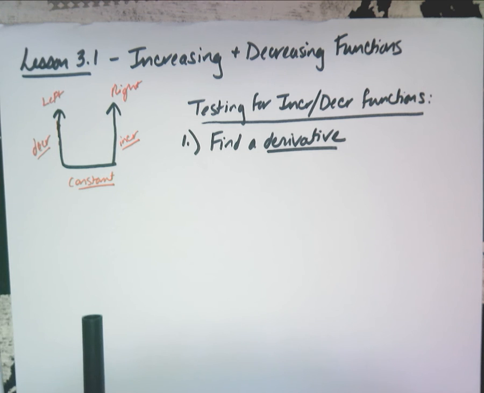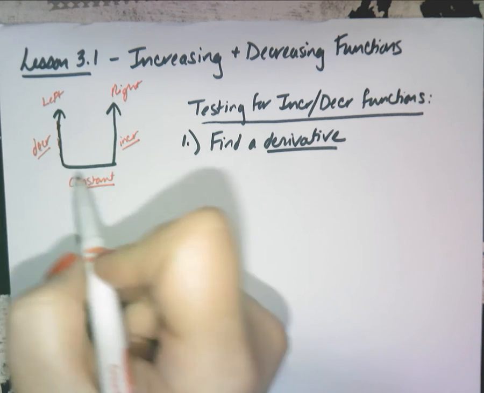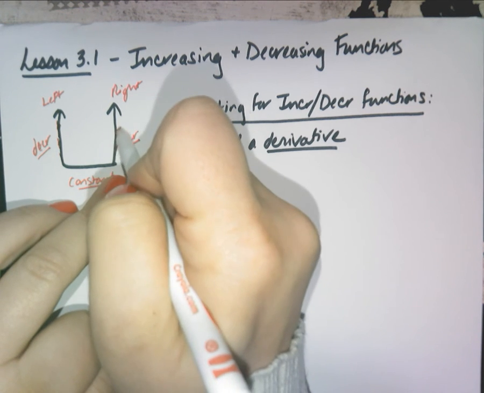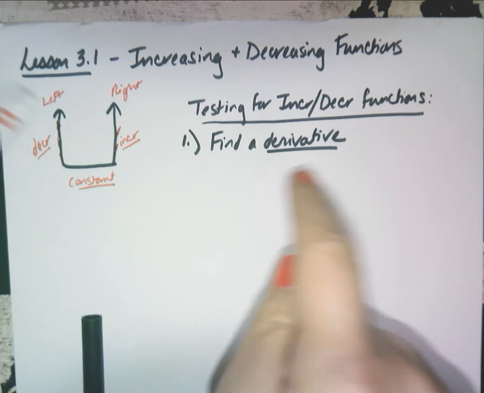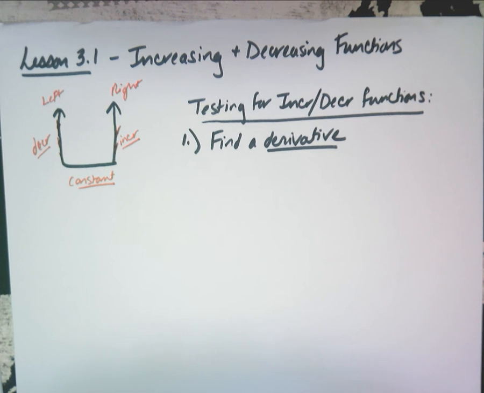Would it be positive or negative? Negative. Even here, still negative, still negative. But then when it's increasing, what kind of slope do I have? Positive. So when I find a derivative, I can tell where it's going to be increasing or decreasing based off of if it's going to be positive or negative. So step number 1, find a derivative.